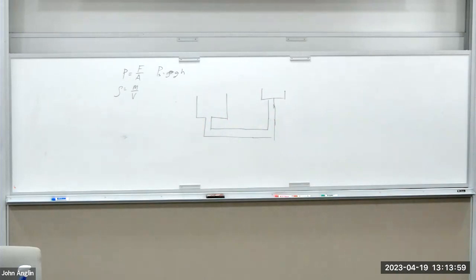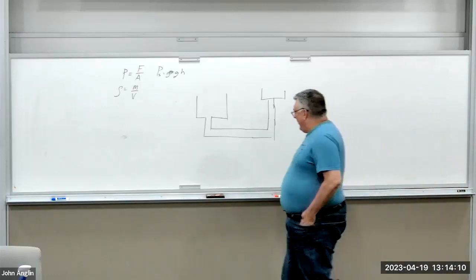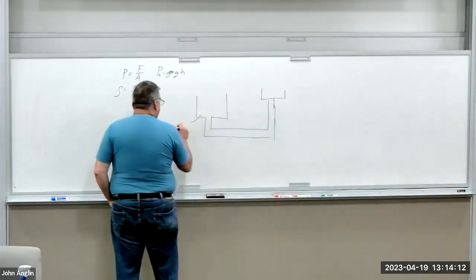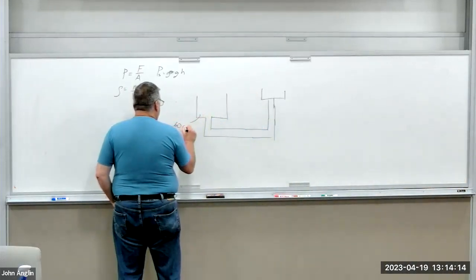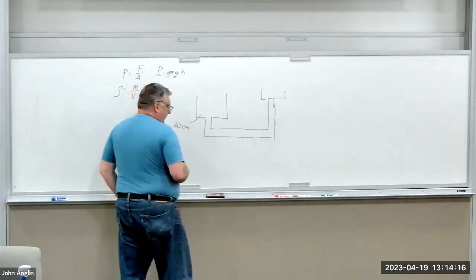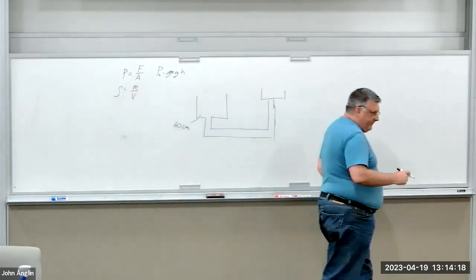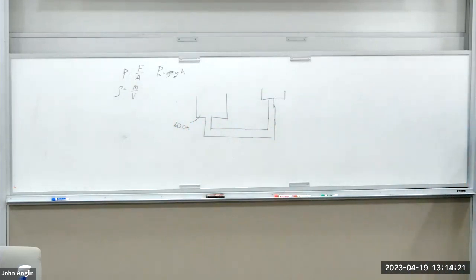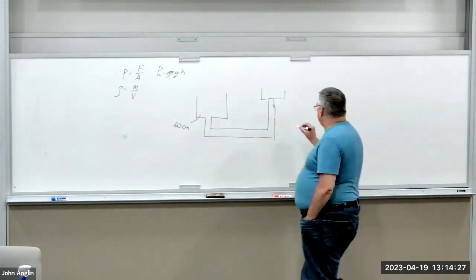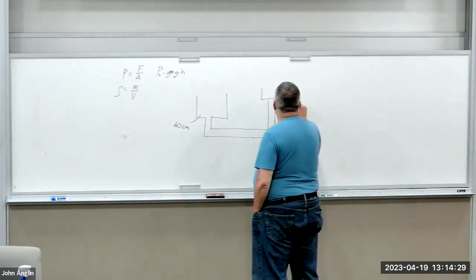So here are our two different hydraulic pistons, and we're going to assume they're circular. The diameter of this one is 60 centimeters, so you've got a 60 centimeter disc platform there. And the other one is 5 centimeters in diameter.